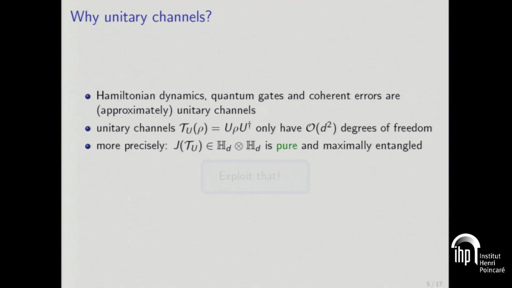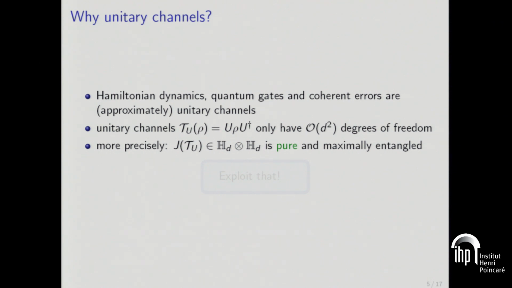And it's trace preserving if and only if one of the partial traces is proportional to the identity. So with every channel, you can associate a density matrix. And the density matrices associated with unitary channels are very, very special because they're pure. They're pure states. And they're not only pure states, but they're also maximally entangled.